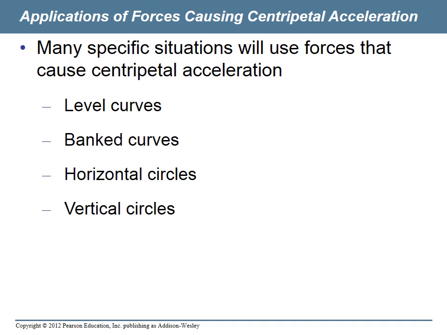And we can also turn this around and do this in vertical circles as well, like a Ferris wheel or something like that. So talk about at the fair. We have horizontal circle, here's your merry-go-round, and vertical circle, here's your Ferris wheel. So those applications as well. So let's take a look at some of those.